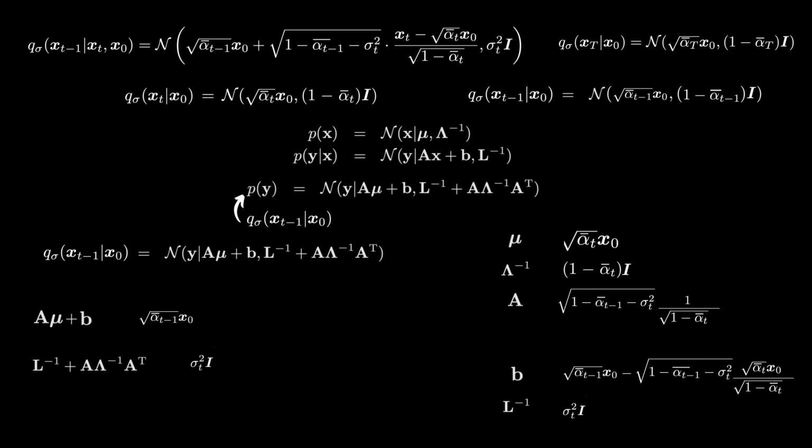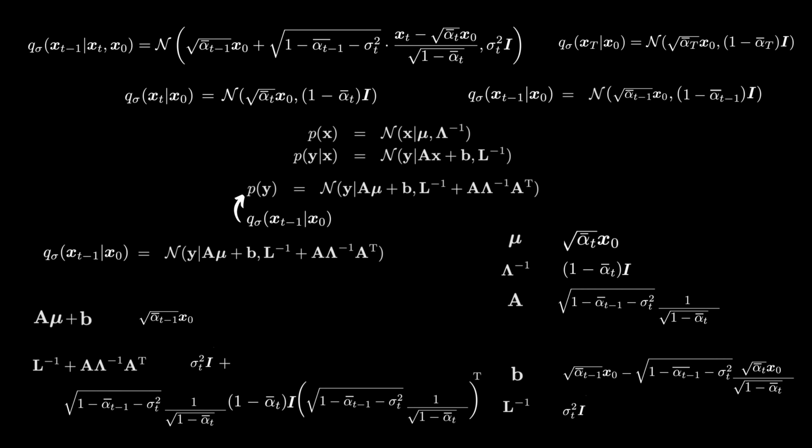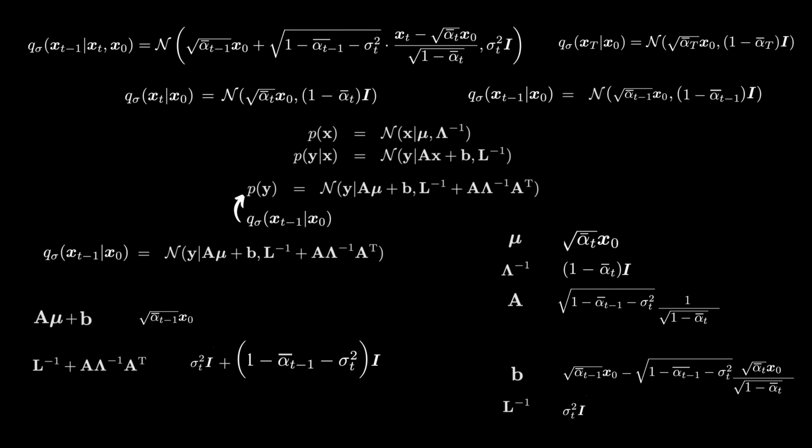For variance, we have sigma square I plus these terms, and this gives us sigma square I plus 1 minus alpha bar t minus 1 minus sigma square I, which ends up being 1 minus alpha bar t minus 1. So our q sigma of xt minus 1 given x0 ends up to be this.